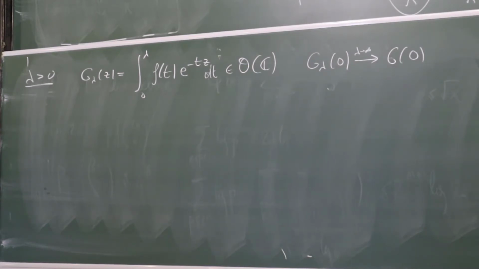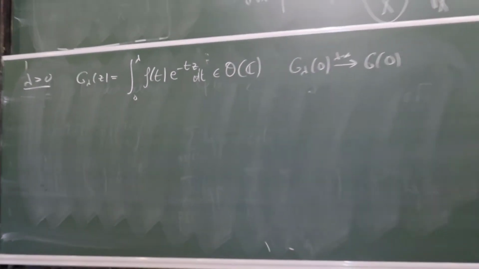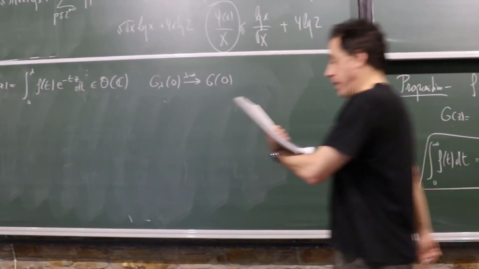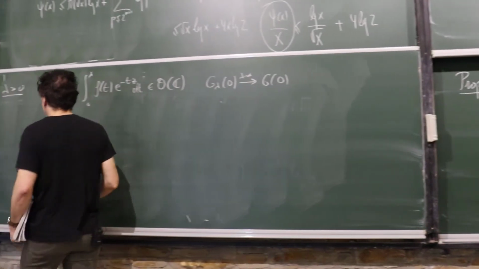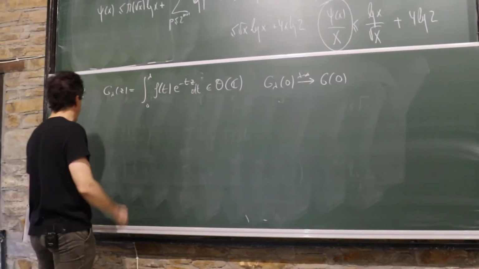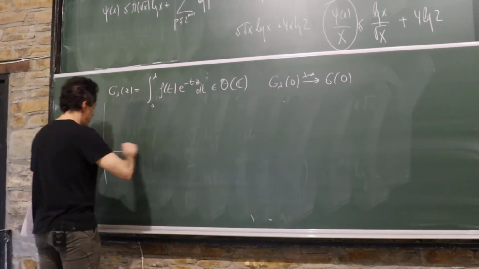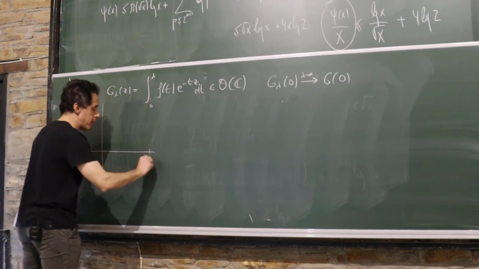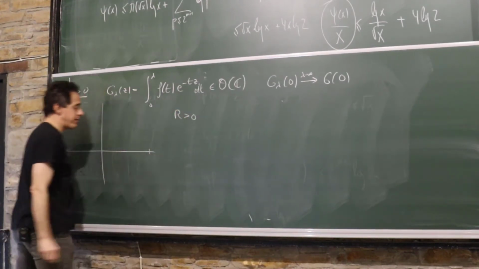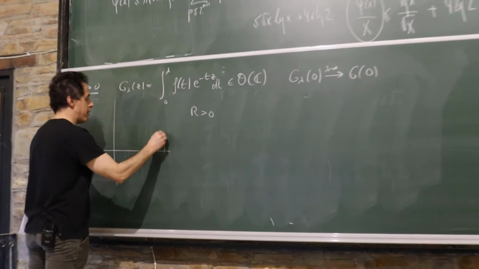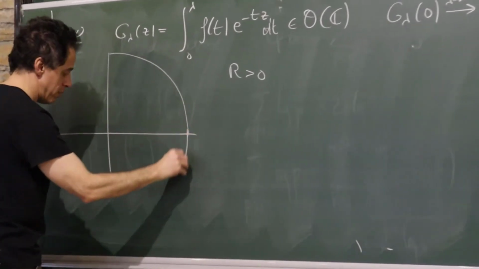G is the analytic continuation of the function g. That is not exactly defined with this integral, okay? So for that, we are going to consider the following path. Take some r bigger than 0 and take here a half circle.